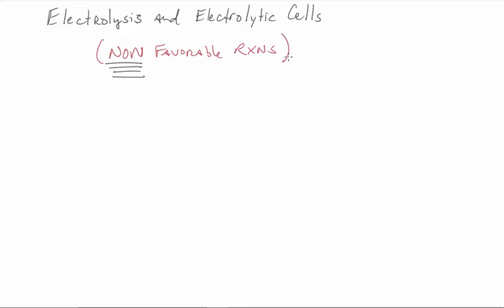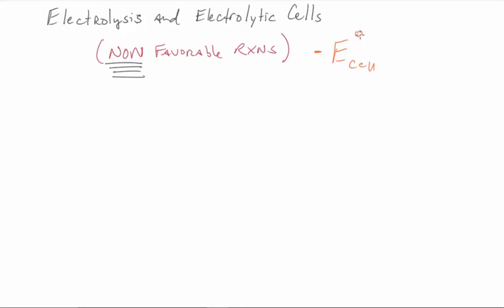We're going to be wrapping up our electrochemistry unit today. We're actually going to be taking a look at electrolysis and electrolytic cells. Now, I've got written on the computer screen here that these are your non-favorable reactions, and what that really means to you is that these are going to have a negative E cell value.